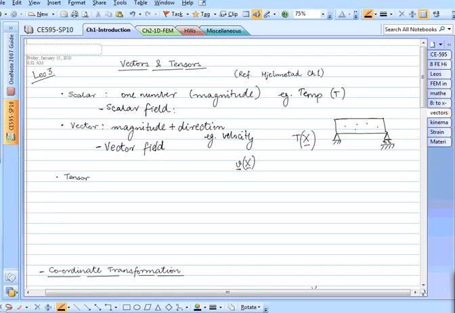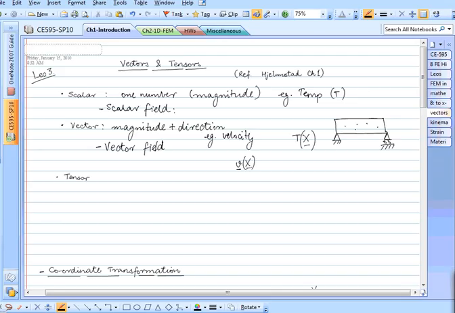So V vector as a function of position x. This is a vector field, and note here that T, I'm not drawing an underline under the T, because this is a scalar function of a vector variable. This is a vector function of a vector variable.